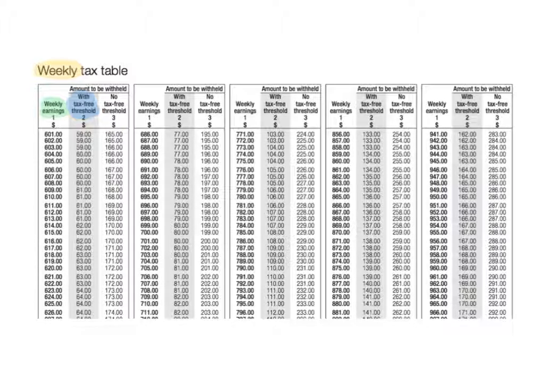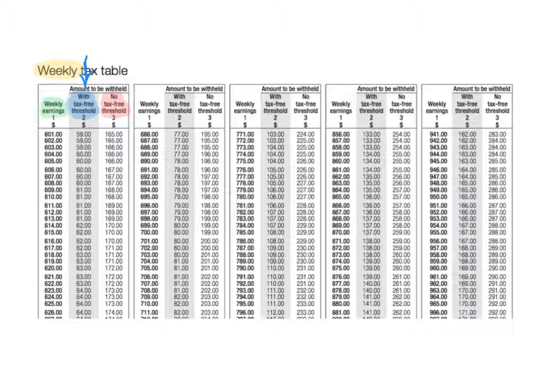If the person is working two jobs, then they may not be claiming the tax-free threshold, which means they're going to be paying more tax. So if they're not claiming the tax-free threshold, then the employer needs to use the second column. In all of our examples, we will assume that the person is using the tax-free threshold, so we'll be using the middle column to work out how much they should get paid.